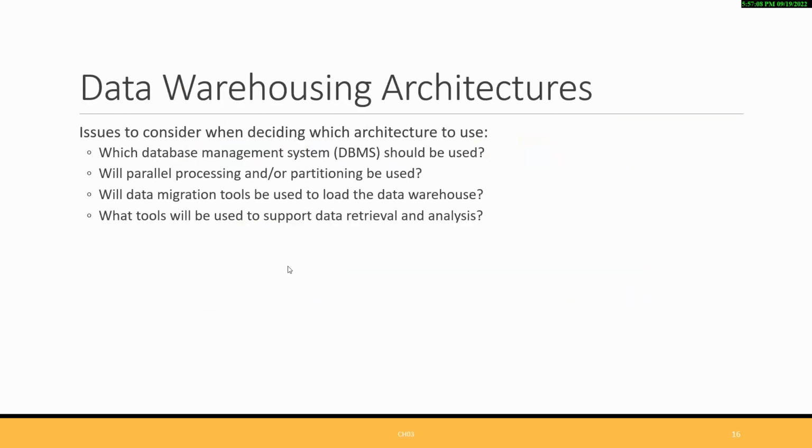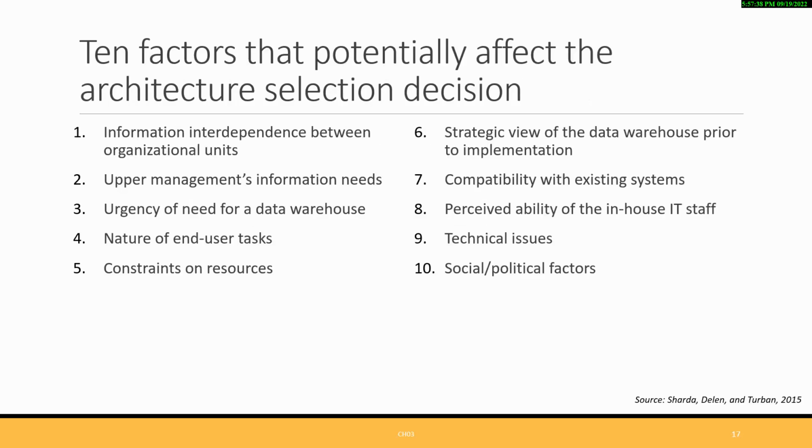When choosing which data warehousing architecture to use, there are some issues or questions that you can ask, such as which database management system should be used, which parallel processing system should be used, will data migration tools be used to load data into the data warehouse, and what tools will be used to support data retrieval and analysis. These might give you some idea of what architecture would be best for your needs.